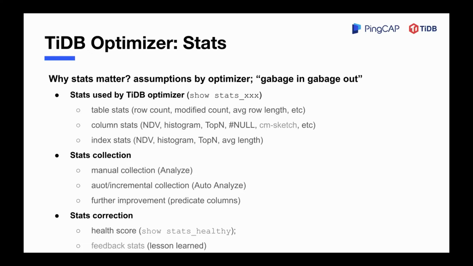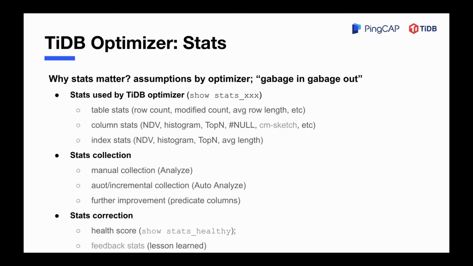We can always check that: if it's about a 90% health score, then probably you're good. If it's lower, like a 30 or 20% health score, then your stats are out of date.